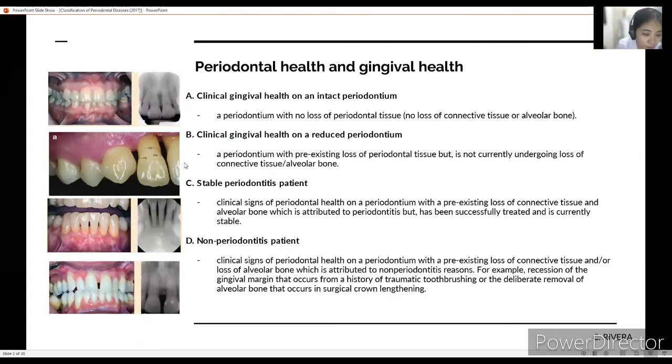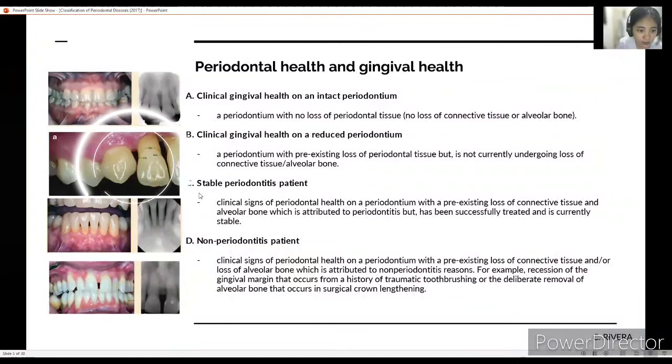As we can see on tooth 1-1, it is a healthy tooth with healthy gums. And aside from that, we can see that the 1-1 and the 2-1 are reduced in the periodontium. It is highly increased here.